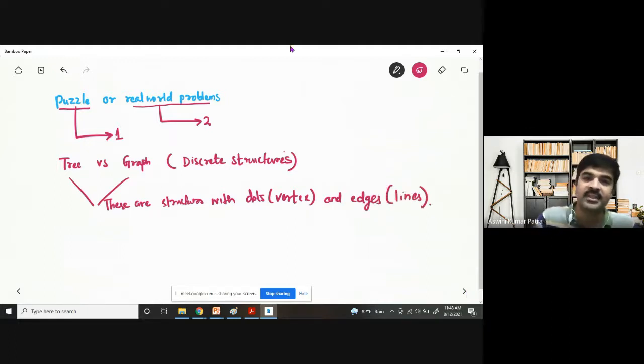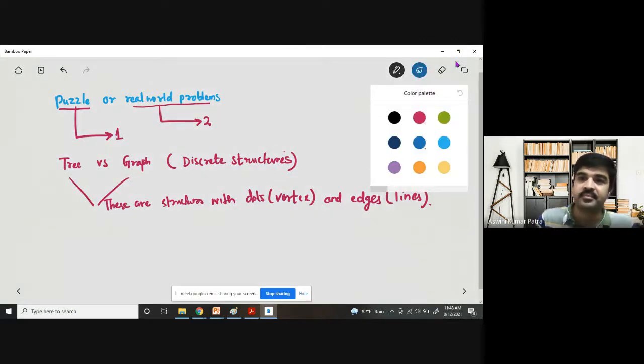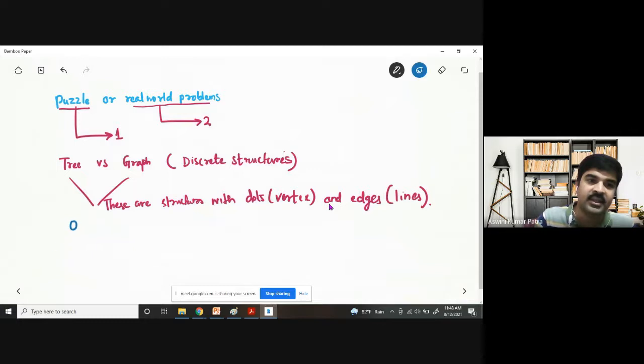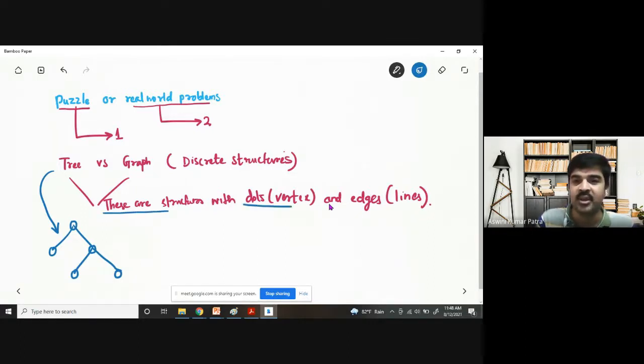Okay, for example, if I have dots like this, we call it a tree. This is an example of a tree. Okay, so of course it satisfies the definition that it has so many dots and it has lines connecting the dots. And what could be a graph?